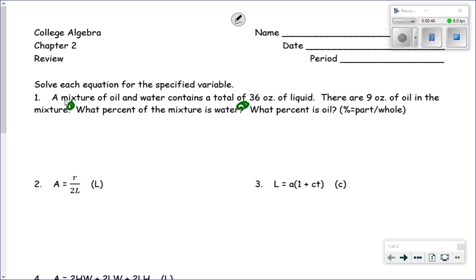So my whole number is 36, and if I'm solving for oil, it says that 9 ounces of the 36 represent oil. So I'm going to solve for that first. X equals, that's the percent. My whole number is 36. My partial number is 9.